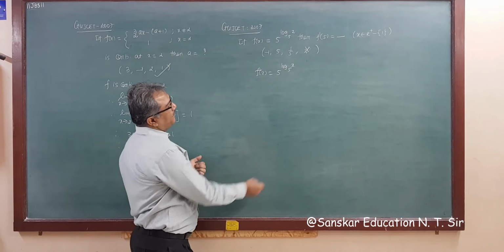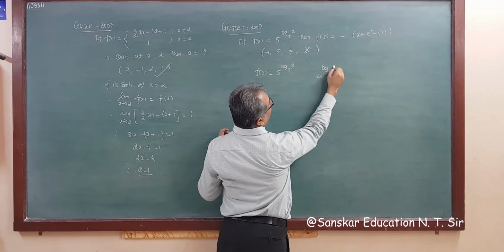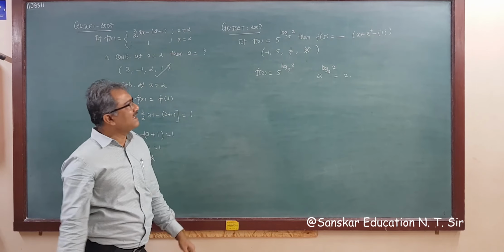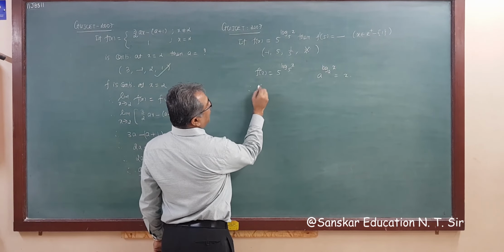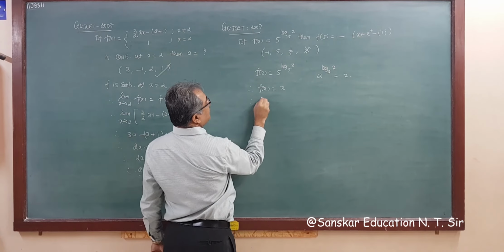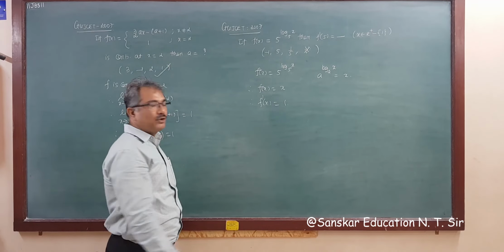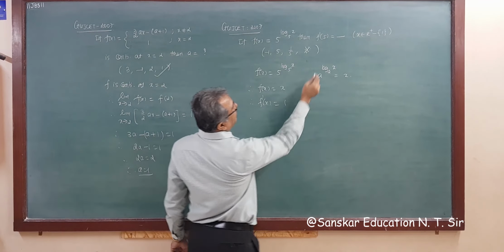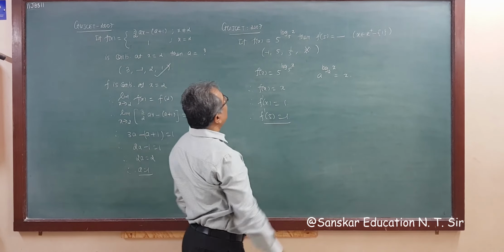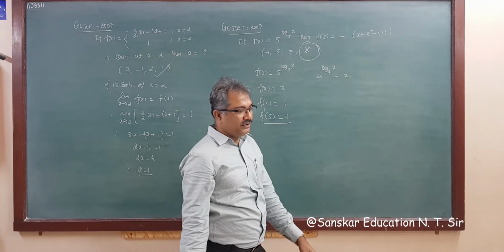So what we get here, you know one rule for log: a raised to log x base a, the answer is x. So applying this rule here, f(x) is x, so f dash x is equal to 1, therefore f dash 5 is 1, so the answer is none of these, right.